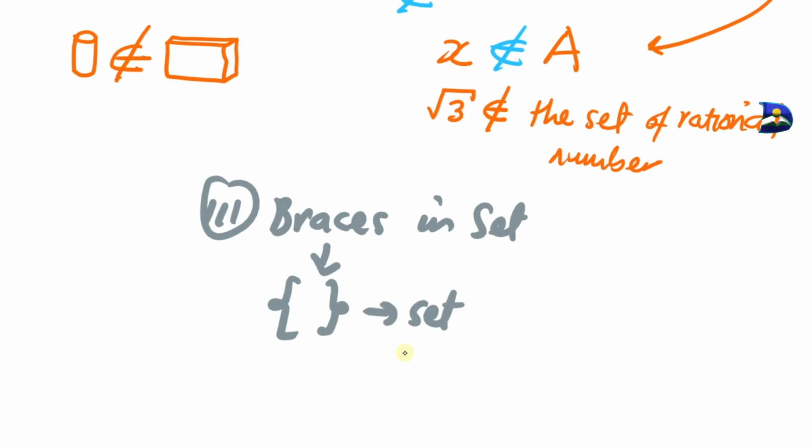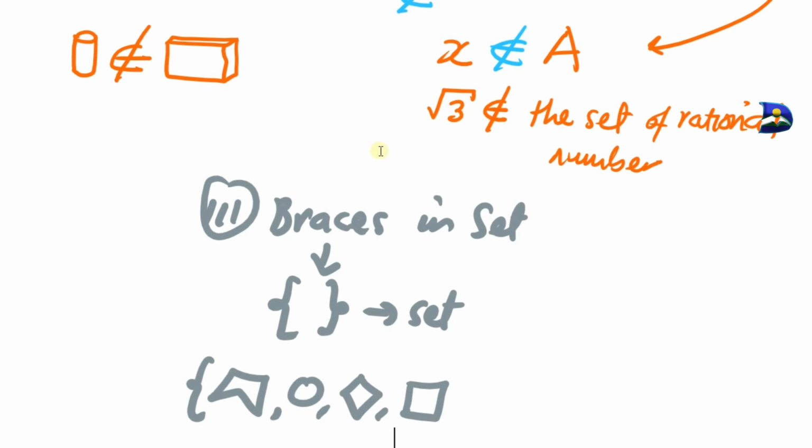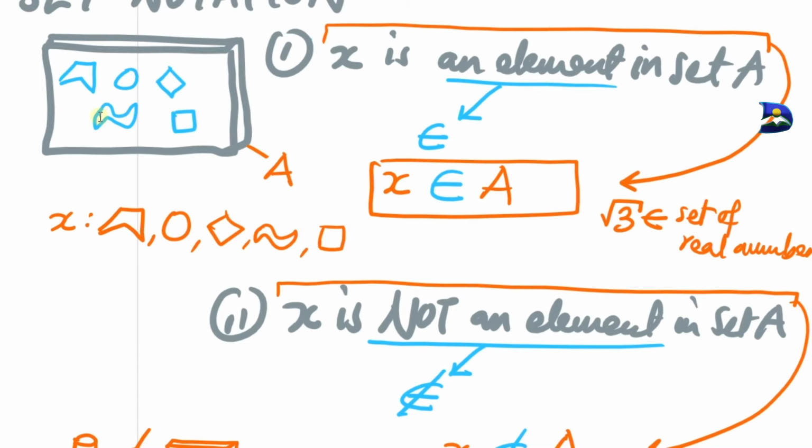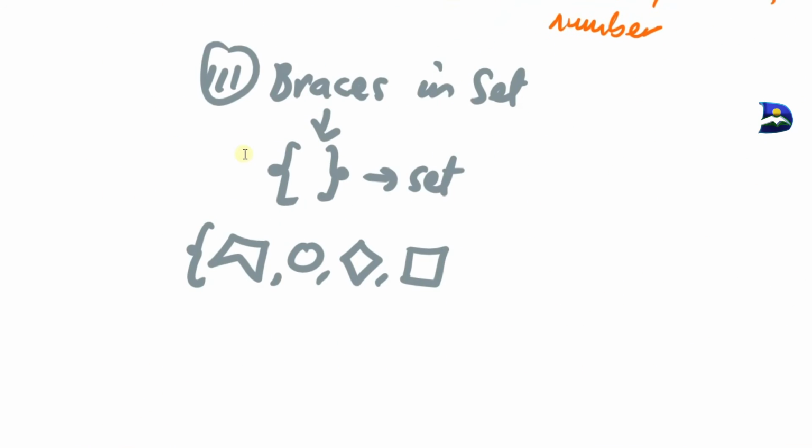And wherever you have anything in a set in terms of where they are contained, like for example in our case here, we have not only this particular object in set A, but we also have circle, kite, square, and looking above here we have squiggly object right there.